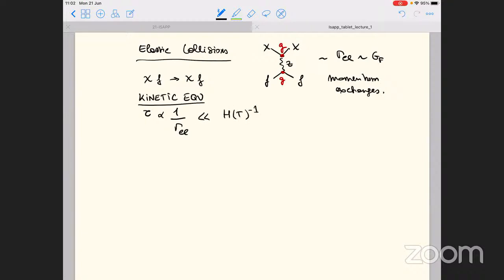I mean, the Hubble time, let's say, 1 over the expansion rate at a given temperature. So this is the condition we want to have if we want to assume kinetic equilibrium, okay? Not chemical equilibrium, but kinetic equilibrium.